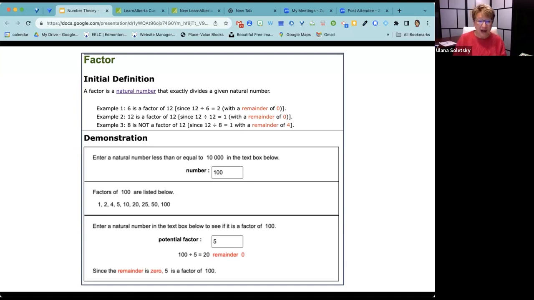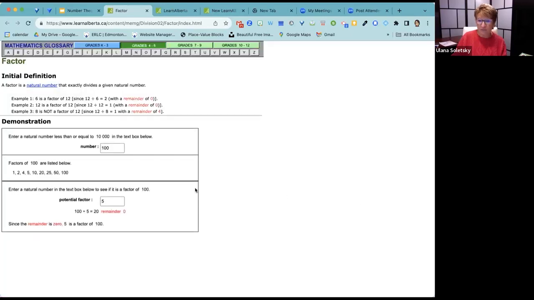And so I really like this. When you go to this link, it'll take you to Learn Alberta. Can you see that I just went to the webpage? What I really like to do is, you can use this on your board, and you can enter a natural number less than or equal to 10,000.